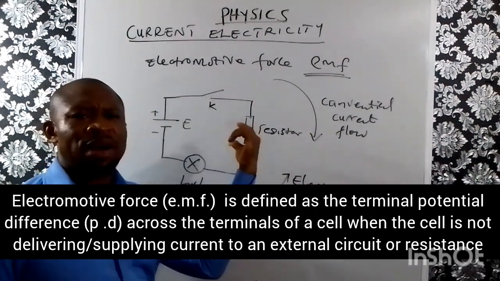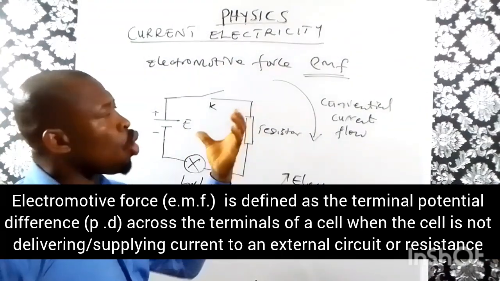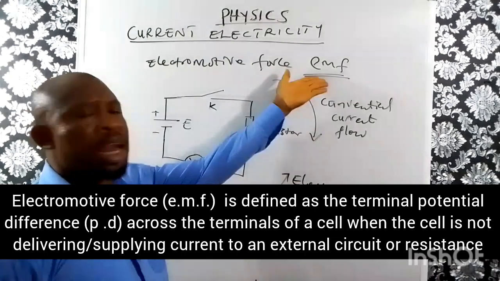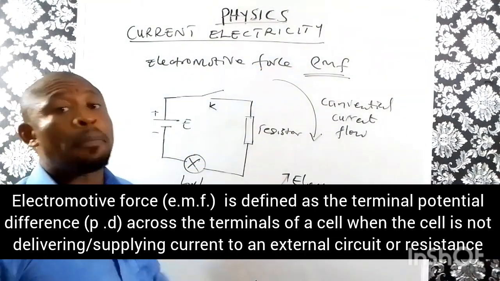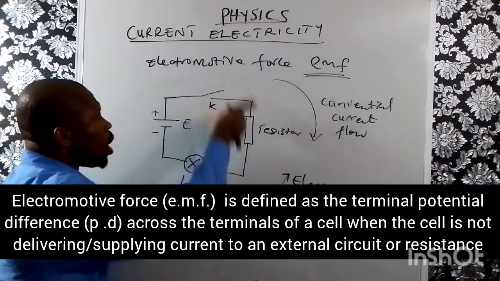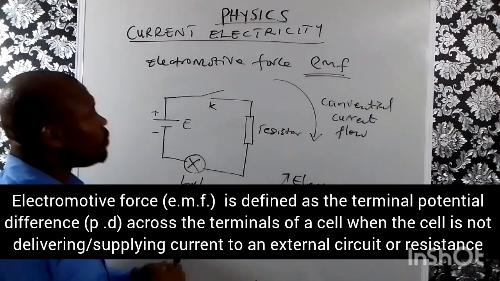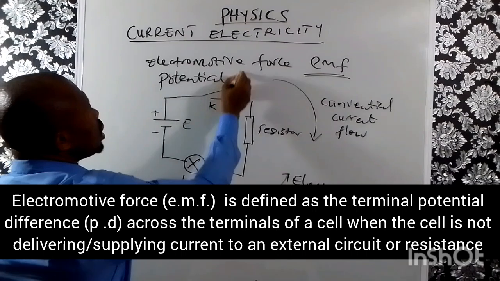So when that cell is not supplying current, what you have there is electromotive force. But when it is supplying current, that is when it is moving current from one point to another, what we have is a potential difference.